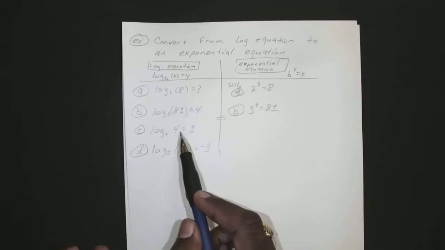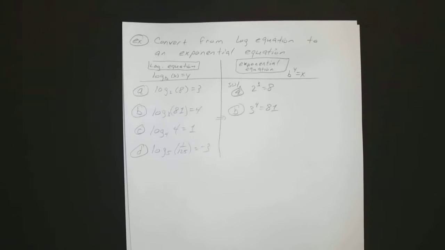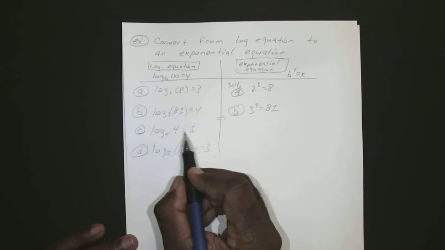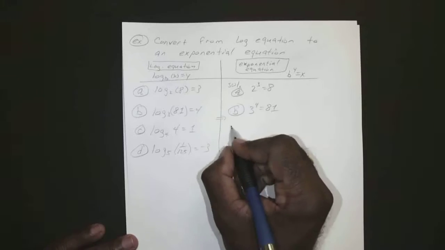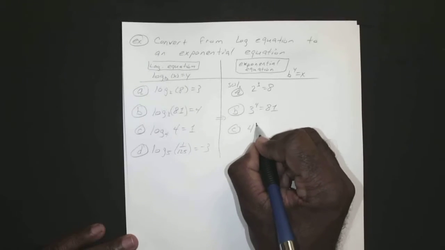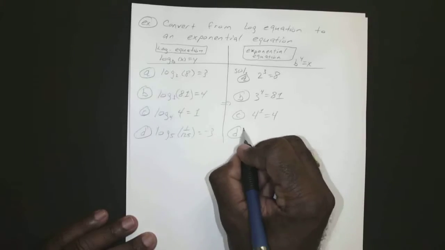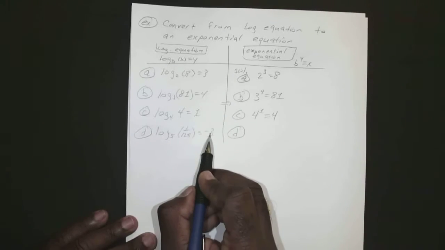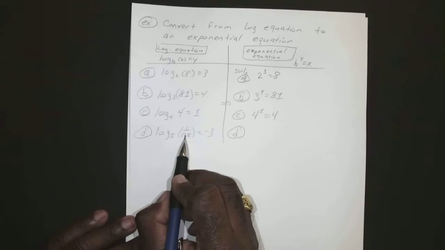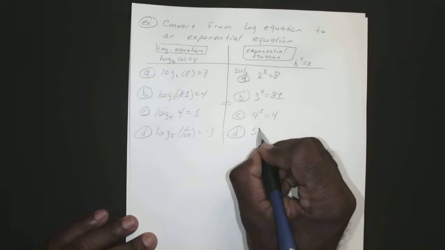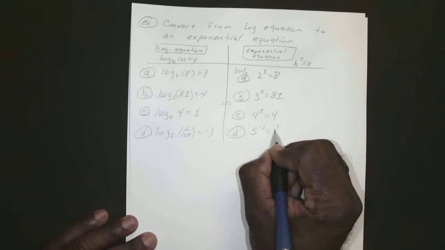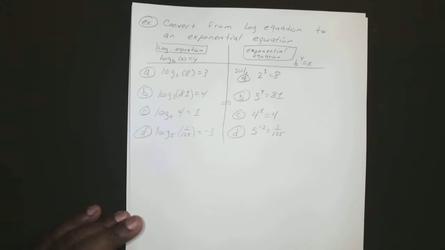So I don't want you to think that if you saw one without parentheses, then something's wrong. They just vary. So 4 to the power of 1 equals 4. And for D, 5 to the power of negative 3 is 1 over 125, which are all true. We're just converting it from one to the other.